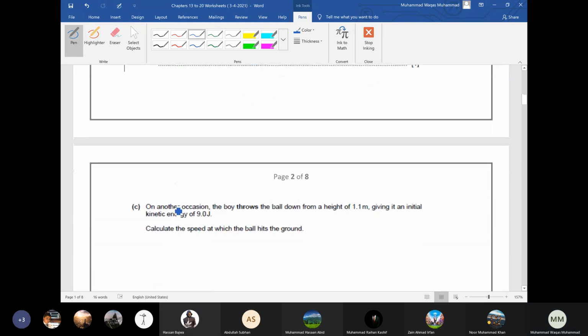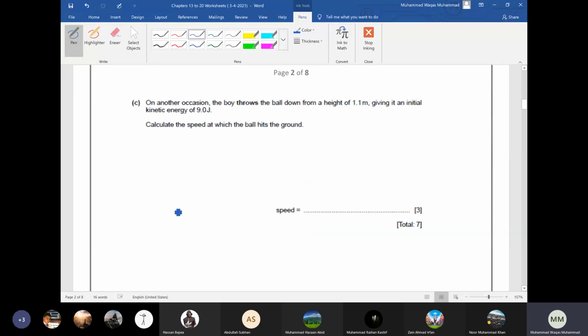Now, beta, on another occasion, the boy throws the ball down from a height of 1.1 meter, giving it initial kinetic energy of 9.0 joules. Now the ball is given initial kinetic energy of 9.0 joule, right?